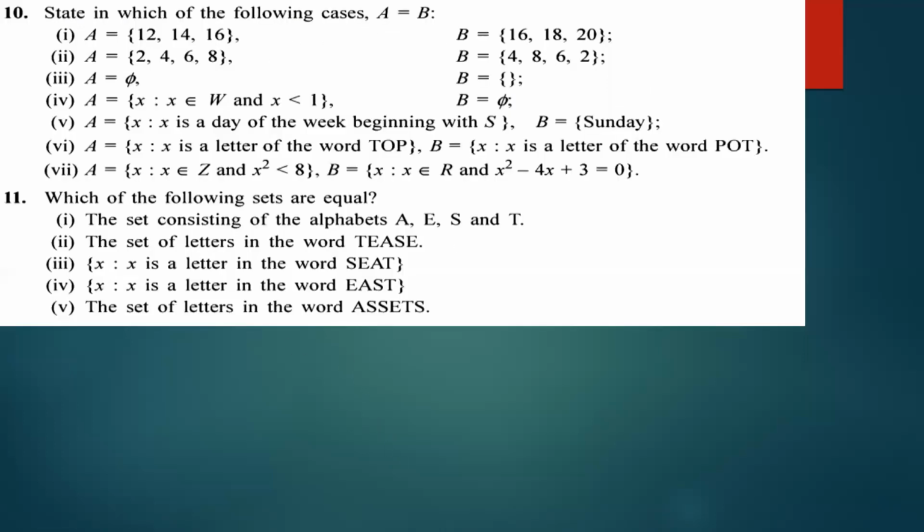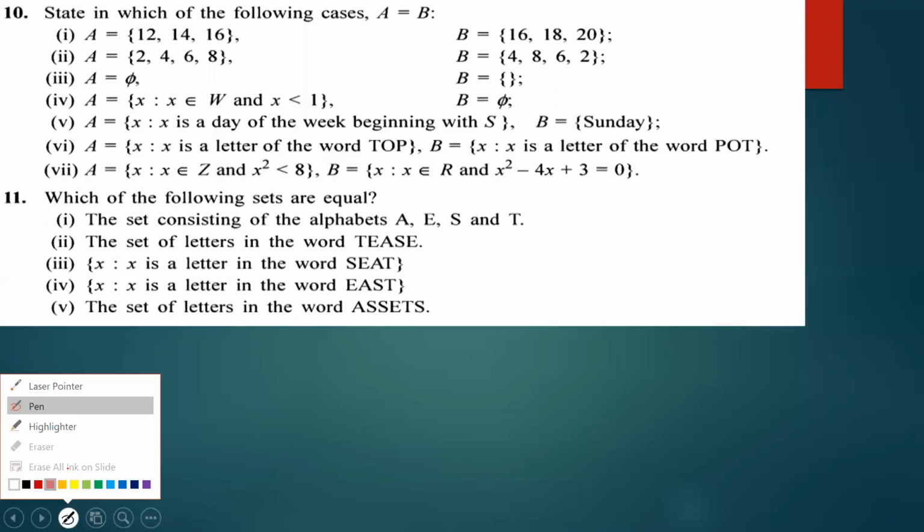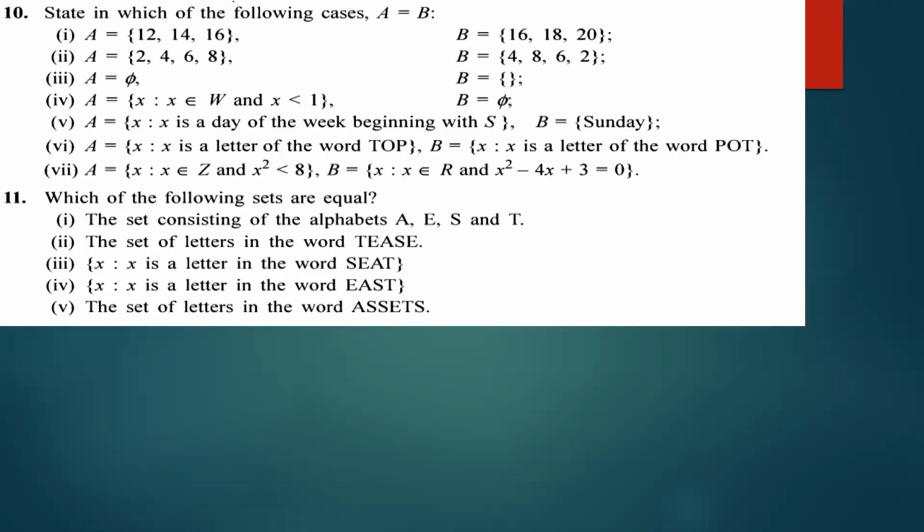Let me change the color of the marker. The first set that we have here is set A. In set A, we have 12, 14, 16. Here we have 16, there we have 16. There we have 18, there we have 14.